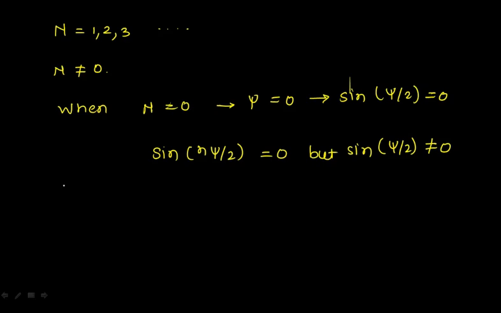Now what will happen if you put n is equal to N, 2N, 3N and so on. ठीक है? Now if you consider n is equal to N from the equation which we have seen here, so I just write here, so N by 2 psi is equal to plus minus N pi. ठीक है?